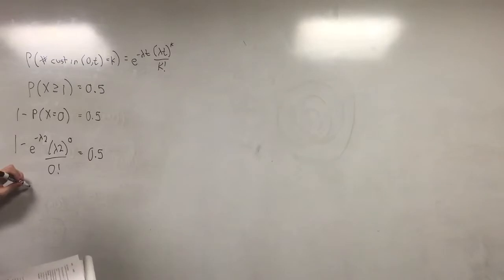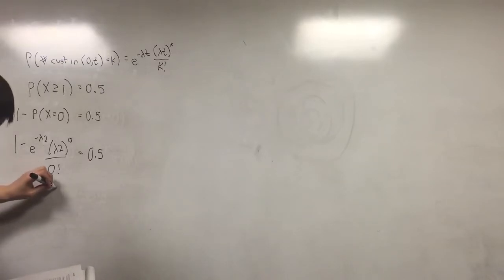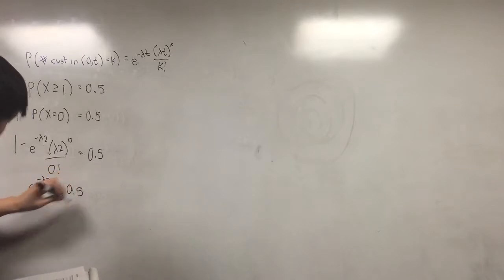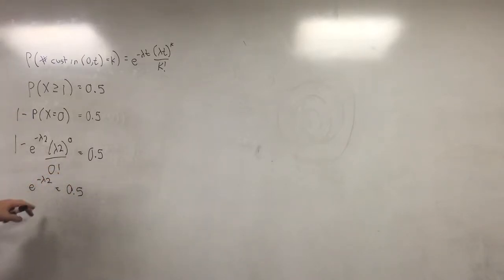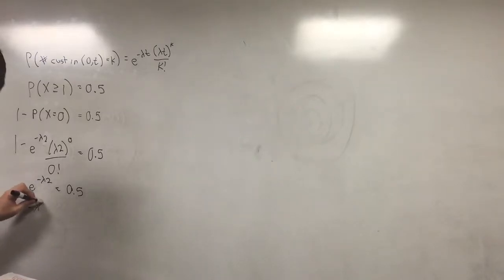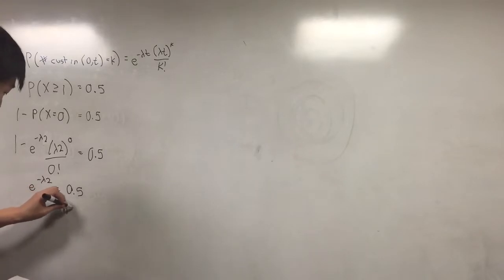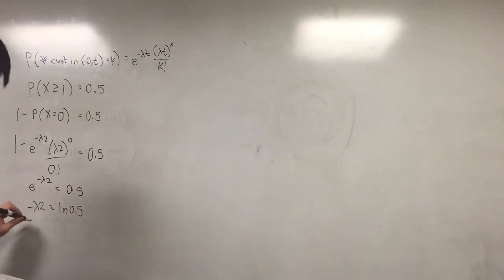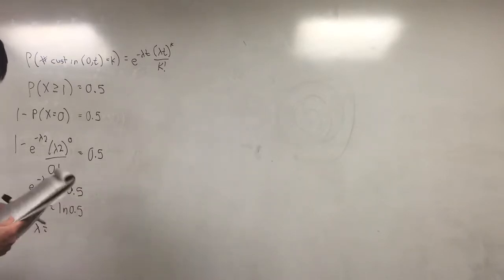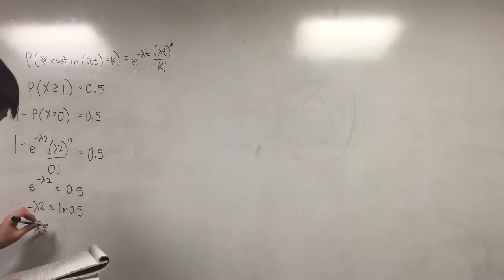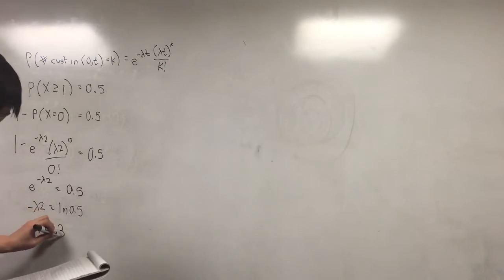And so we get e to the negative 2 lambda is equal to 0.5. And we can take ln of both sides. We end up with negative lambda 2 is equal to the natural log of 0.5. And then when you divide both sides by negative 2, you end up getting lambda is equal to 0.3466.